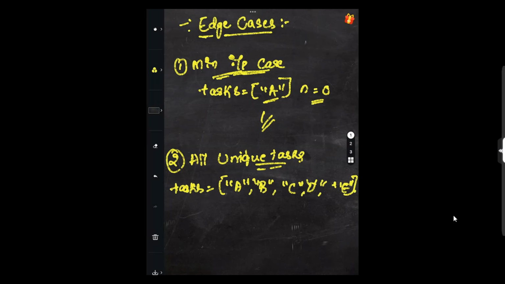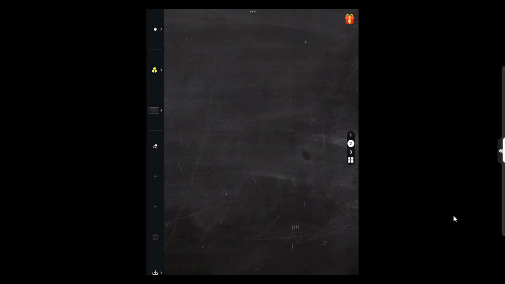And N, let me consider here 3. So output will be 5 here. Why will the output be 5 here? Since no two tasks are repeating here, there will be no idling of the CPU. So the output will be 5 in this case. So this is for the second edge case.